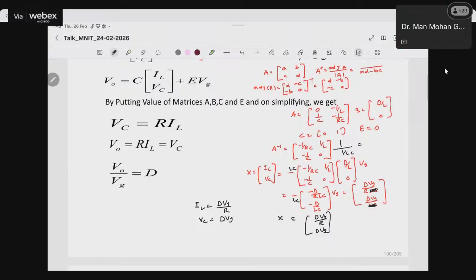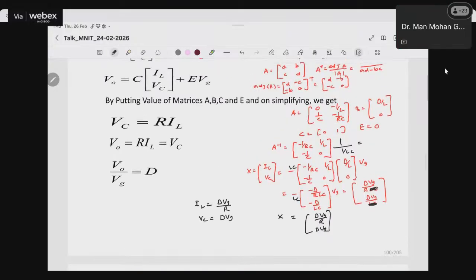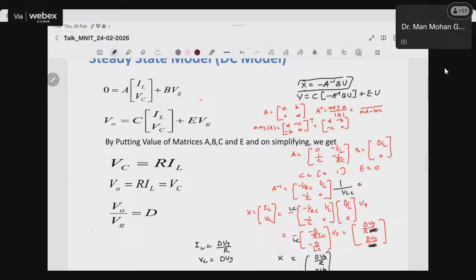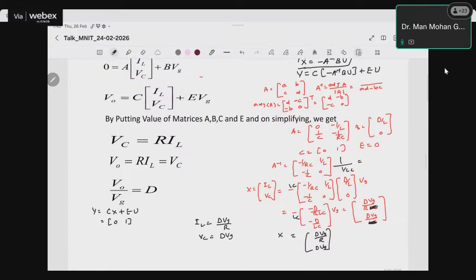Okay. Now the next equation: y equal to, what is y equal to? Cx plus EU, right? Now the value of E in our case is 0, so this will cancel out. Only C, 0, 1, and the value of x is this one, dVg upon R and dVg, plus 0 into Vg.